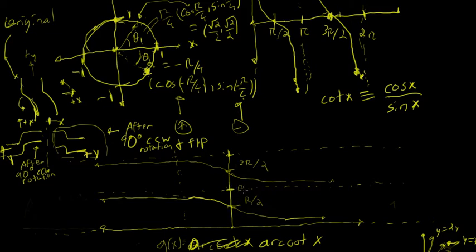So is there any way we can restrict the domain of this original cotangent function so that its inverse, arc cotangent, can be a function? Well, yeah, if we restricted cotangent from 0 to pi. Alternatively, we could restrict it from pi to 2 pi.